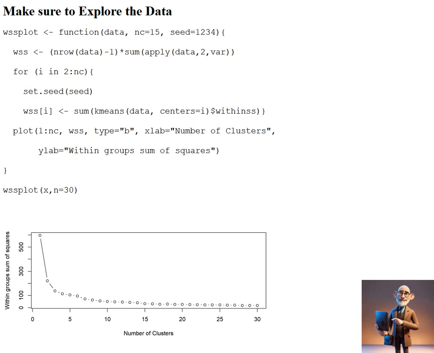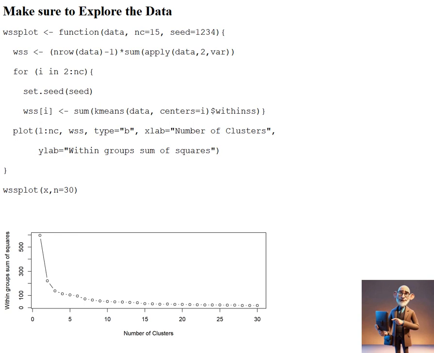It then creates a plot depicting the number of clusters against the within-groups sum of squares. The idea is to identify the elbow, or the point, where the reduction in within-cluster variance starts to diminish. The wssplot function is applied to our prepared dataset, x, with a maximum of 30 clusters. The resulting plot provides valuable insights into the optimal number of clusters for our K-means algorithm.